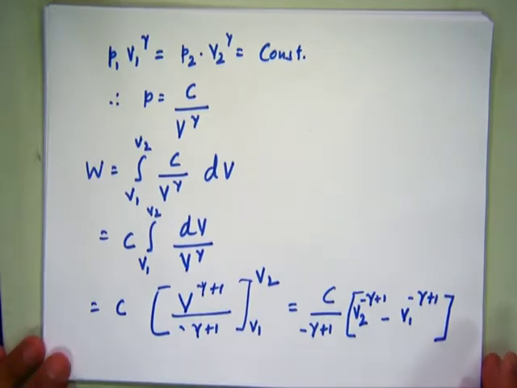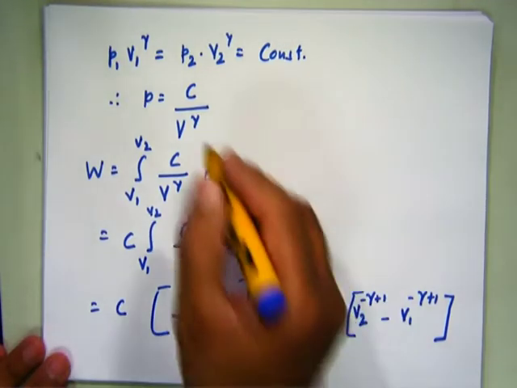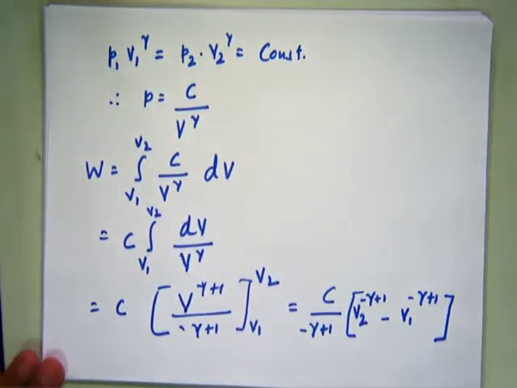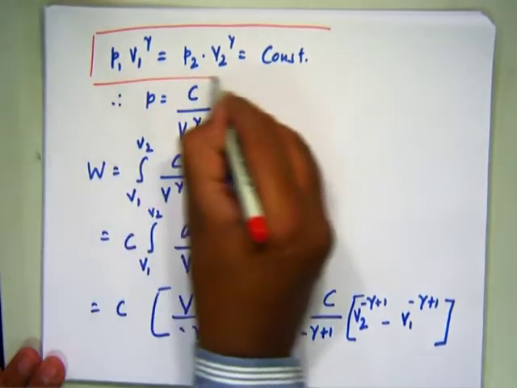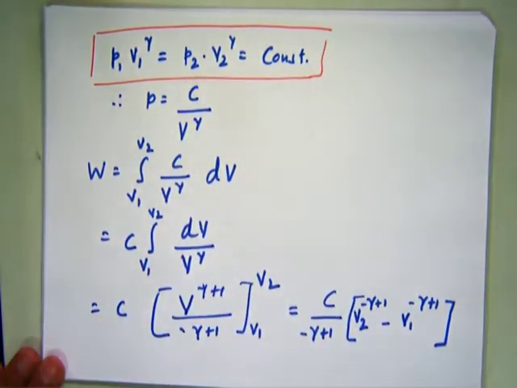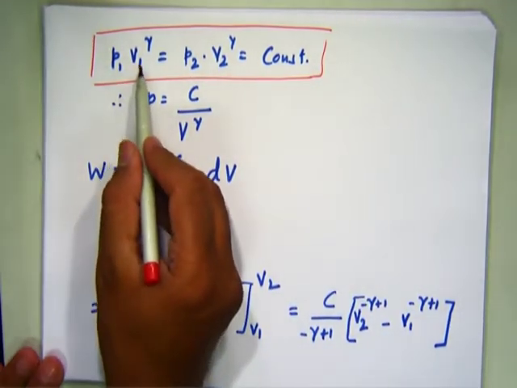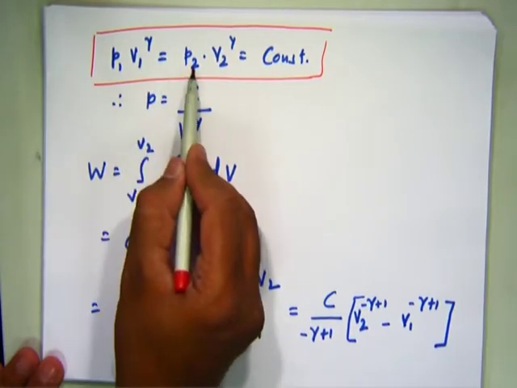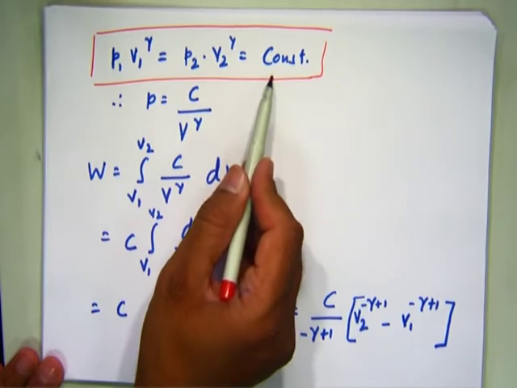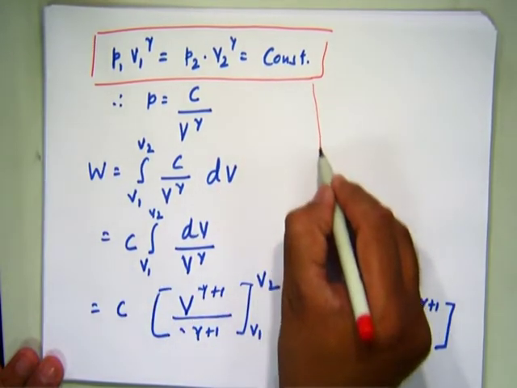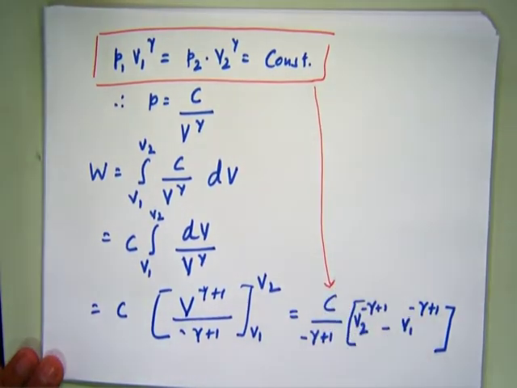We know that the C is what? P1 into V1 raised to gamma is equal to P2 into V2 raised to gamma is equal to the constant. Substitute this value over here in this C.